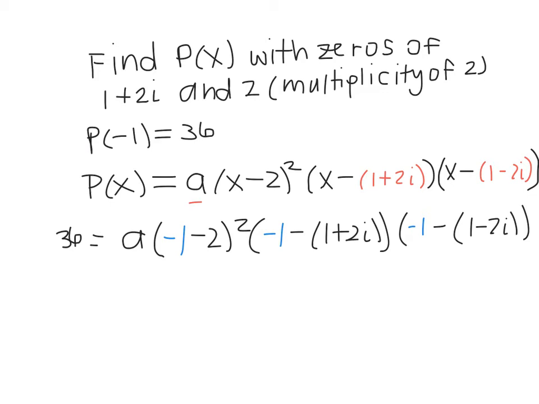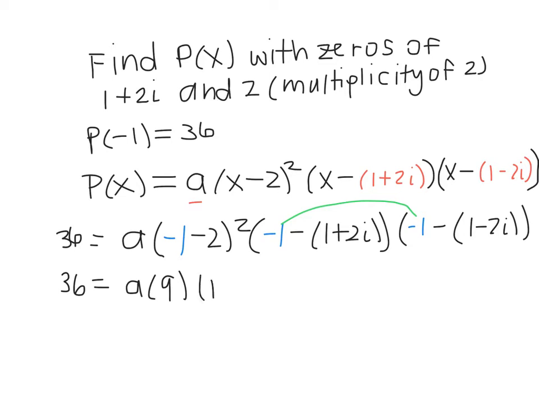So we've got 36 equal to, we don't know the a, but we can do the arithmetic on these other pieces. All right, this negative 1 minus 2, we get negative 3 squared, so that's going to be a times 9. Okay, now let's multiply these other things together. We'll start off by negative 1 times negative 1, so that is going to be a positive 1.